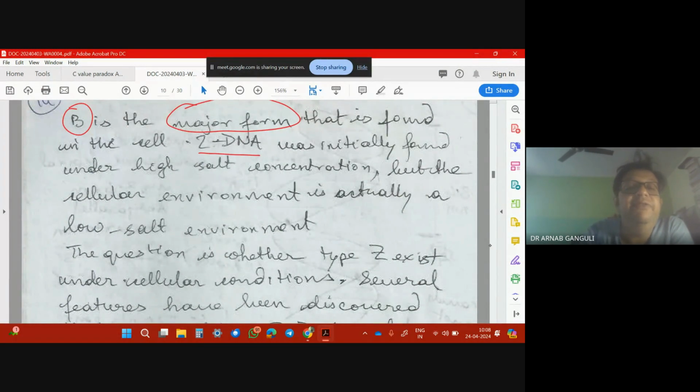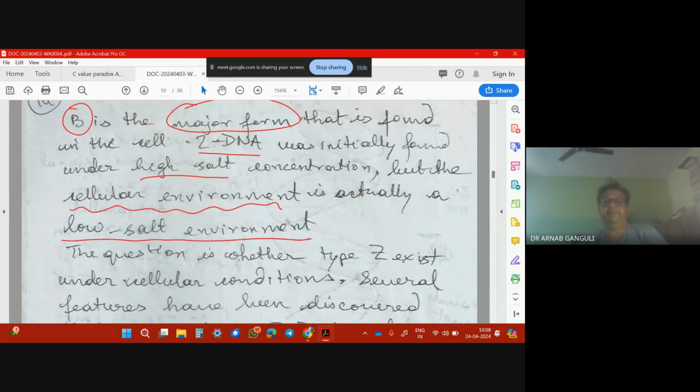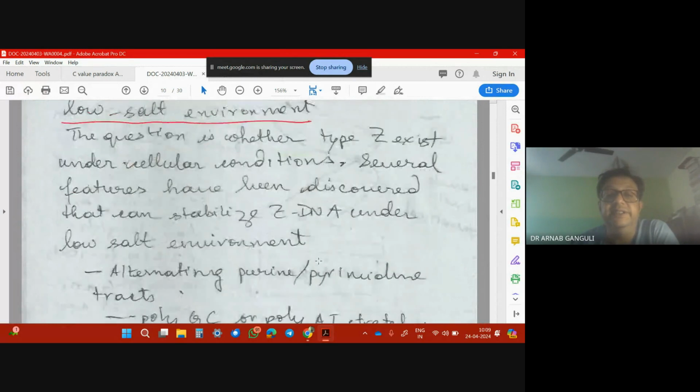Z-DNA was initially found under high salt concentration, but the cellular environment is actually a low salt environment. So the question is whether type Z exists under cellular conditions.